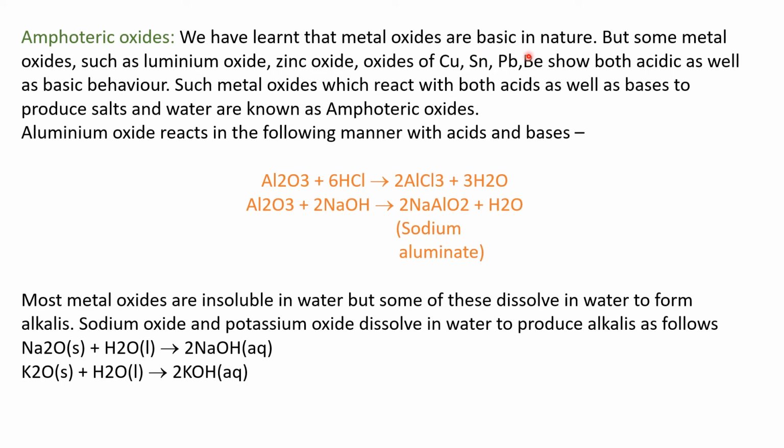Metals, when they combine with oxygen, form the respective metallic oxide and it is basic in nature. But it was observed that some metallic oxides, such as aluminium oxide, zinc oxide and oxides of copper, tin, lead and beryllium, show both acidic as well as basic behavior.